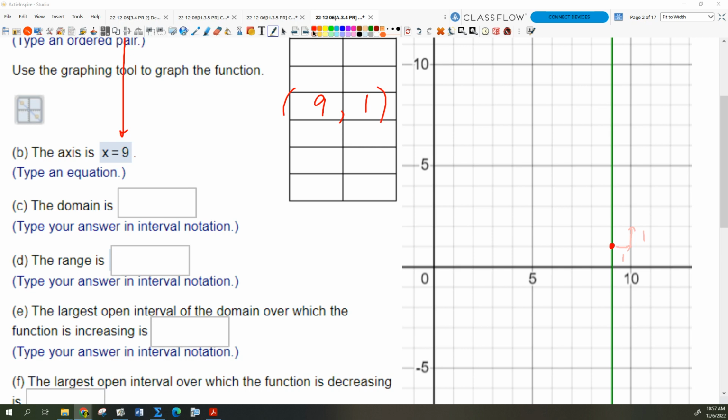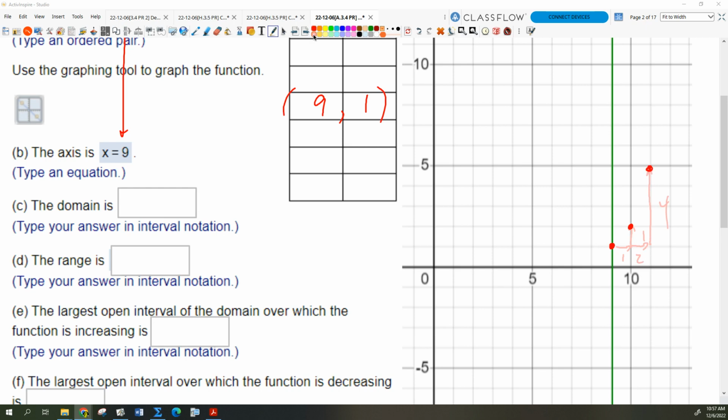And that's all I need is the vertex and one other point, and the graphing tool is going to build the shape of the parabola for me, right? What if I went over 2? I go up 4, don't I? Yeah. I go up 2 squared, which is 4. So I could use that one also. Doesn't make any difference.